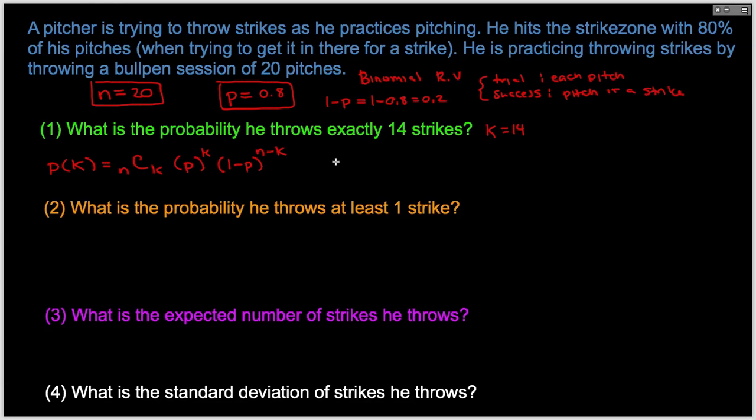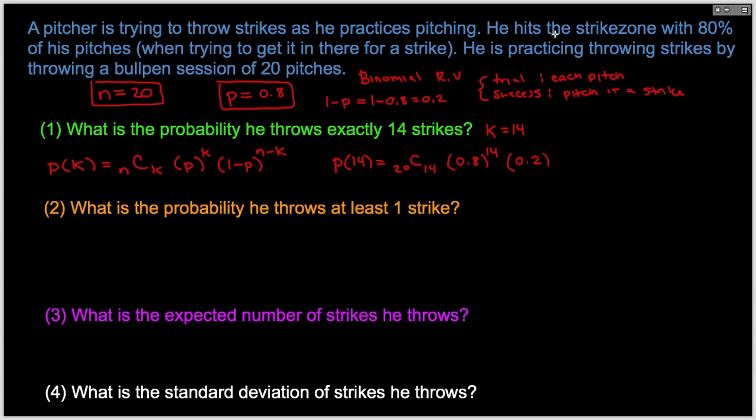So in this case, we're looking for P of 14, and that's equal to 20 choose 14 times P, which is 0.8 to the 14th power, K, right? And then 0.2, which is 1 minus P. I told you this would come in handy, but you don't need to know it.